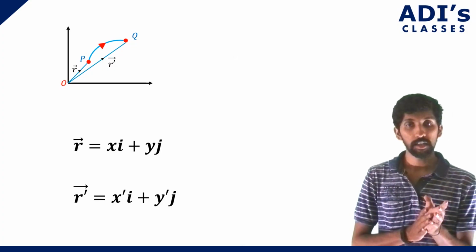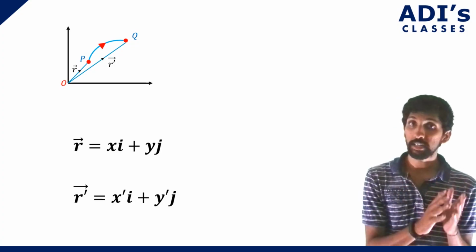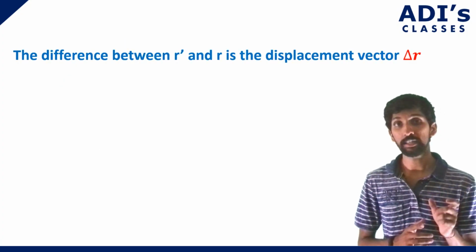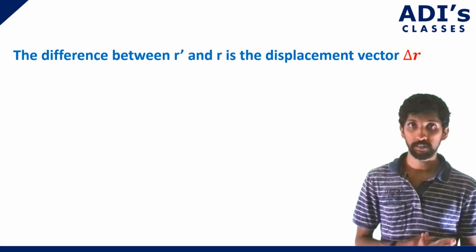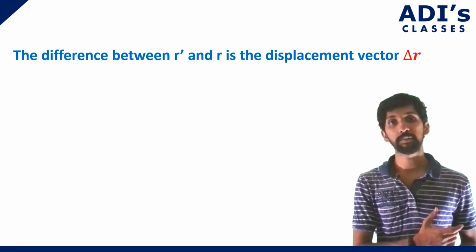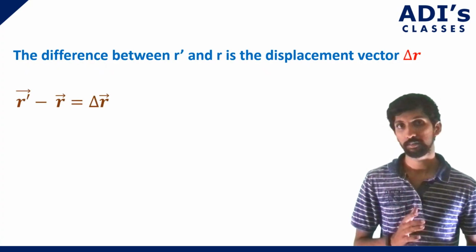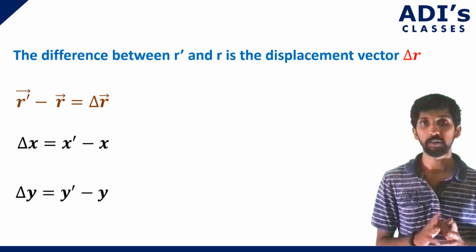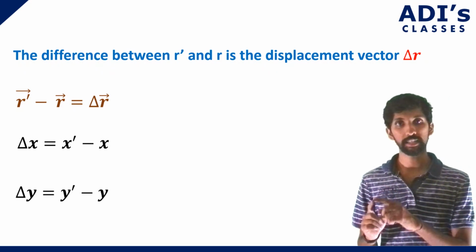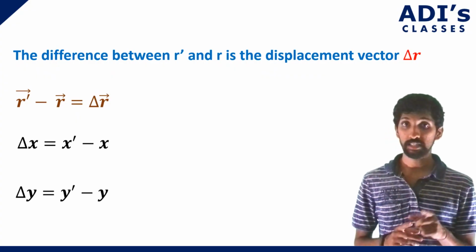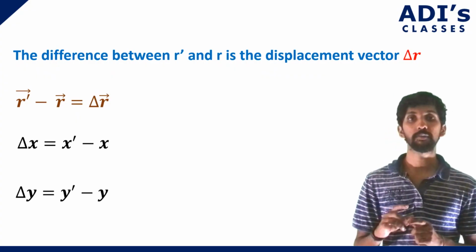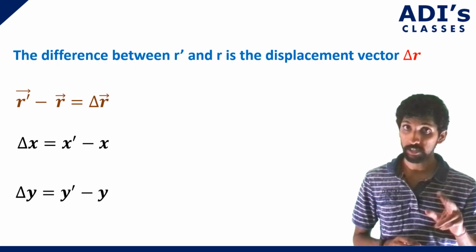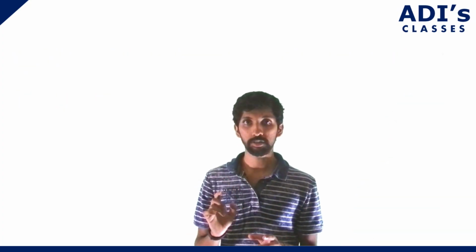Now the difference between R dash and R is basically the delta x and delta y value, correct? So we call that the displacement vector delta R. Basically delta x becomes x dash minus x and delta y becomes y dash minus y, because the change in the position is a very small change.